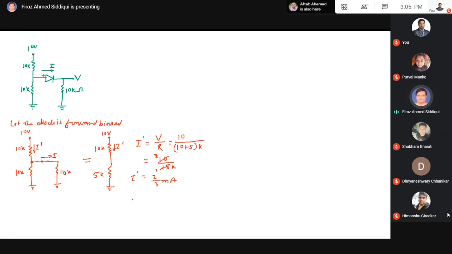That means what is the value of I then? It will be 1 by 2 of this I dash, that is 2 by 3 milliampere. Or you can say this I is 1 by 3 milliampere. This is the answer.